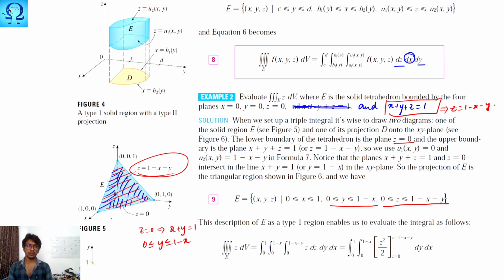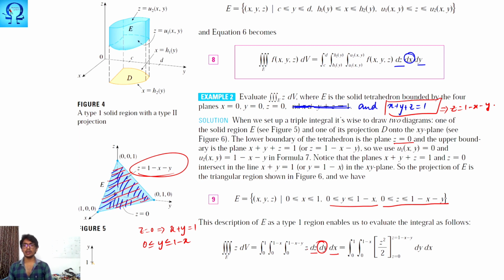And of course x varies from 0 to 1. That is very clear. Now let us integrate. Your triple integral over E of z dV becomes the integral from 0 to 1 dx in the outermost, the integral from 0 to 1 minus x dy in the middle, and the integral from 0 to 1 minus x minus y dz, which is the innermost, of z.